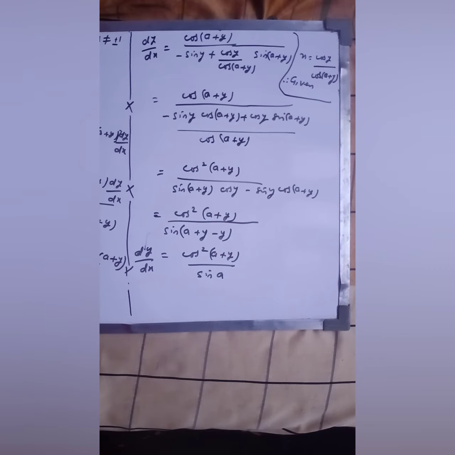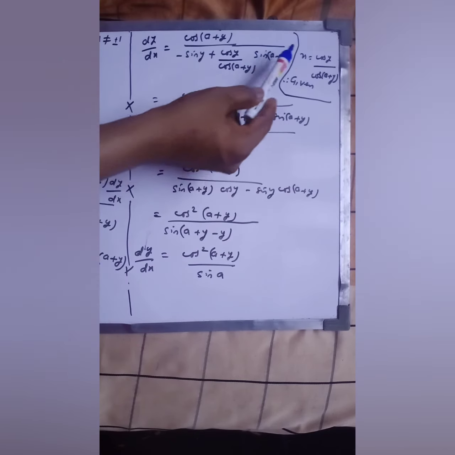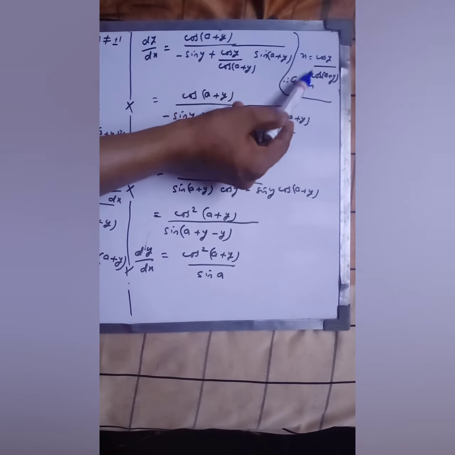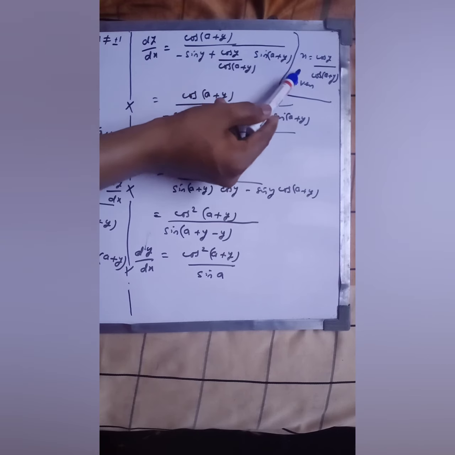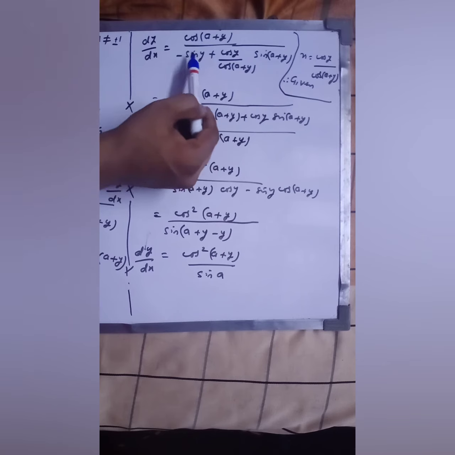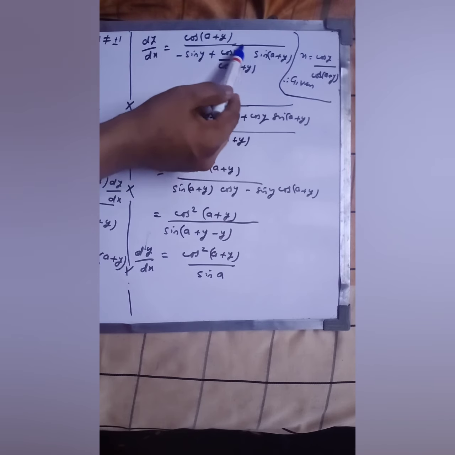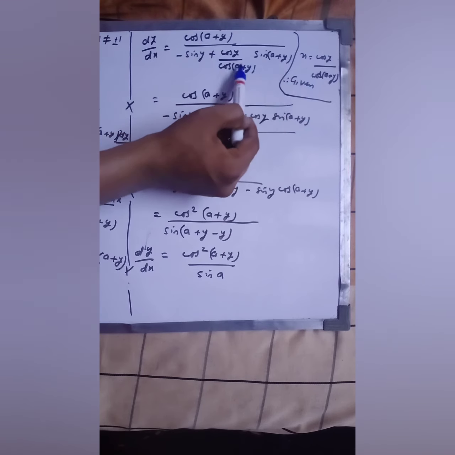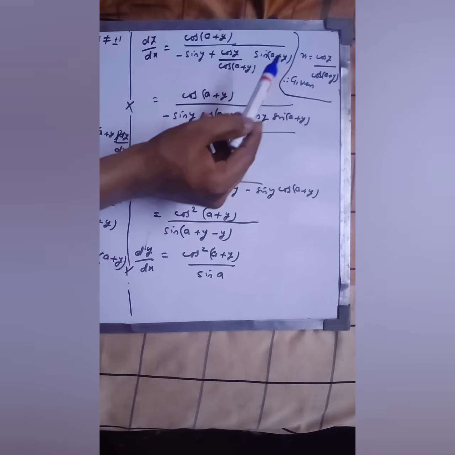On the next page, just wait, here it is. So here I have put the value of x in the denominator. The numerator part will remain the same, minus sin y will remain the same, plus in place of x I am putting this value, and this sin(a plus y) will remain the same.